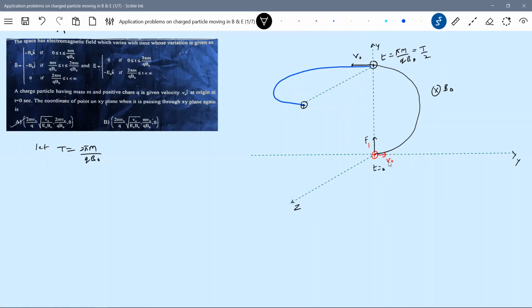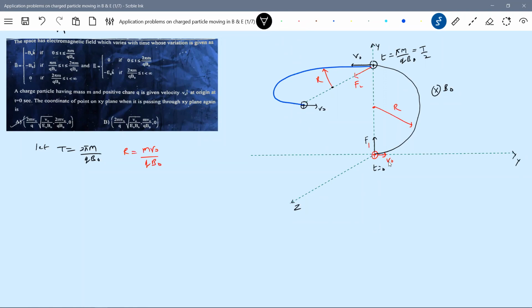Students have to develop that thinking ability. This will be the direction of force acting on the particle, so this will be the radius r. What is r? r is equal to m v naught by q B naught.